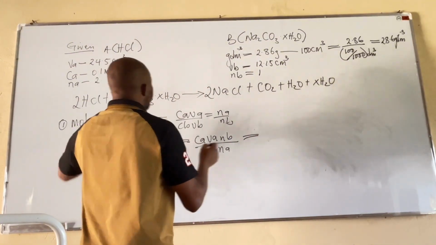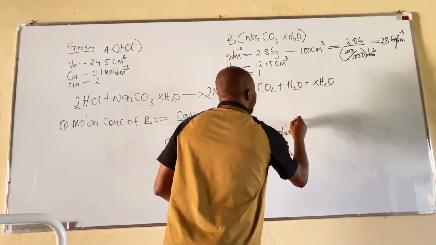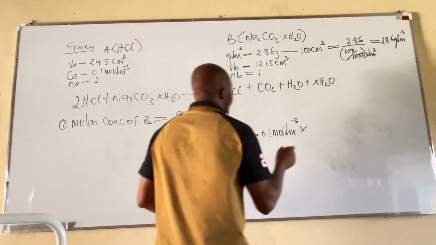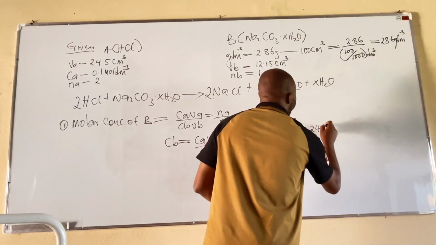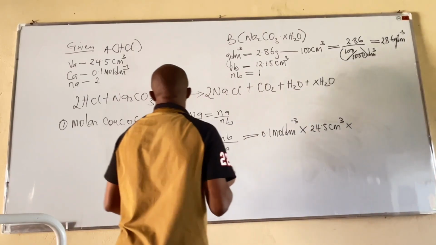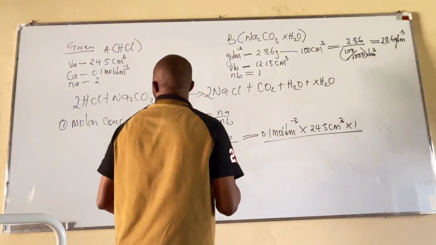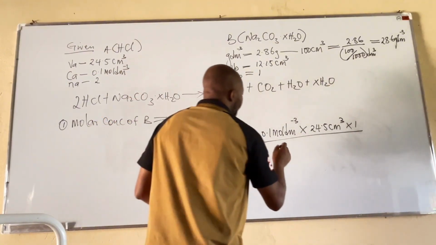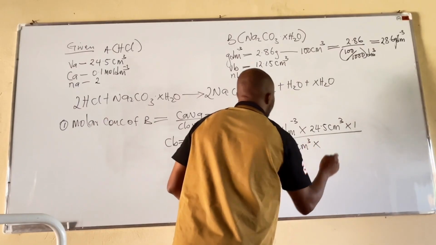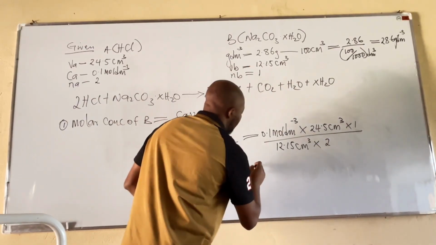Ca is given to be 0.1 mole per dm³, times the volume of the acid, which is 24.5 cm³, times the number of moles of the base, which is 1, all over the volume of the base, which is 12.15 cm³, times the number of moles of the acid, which is 2.